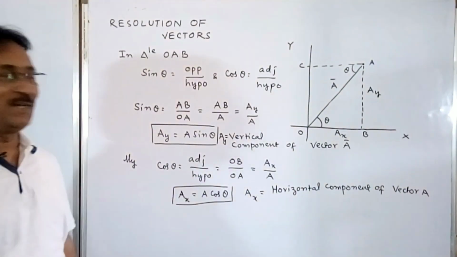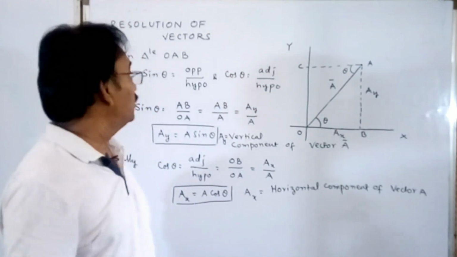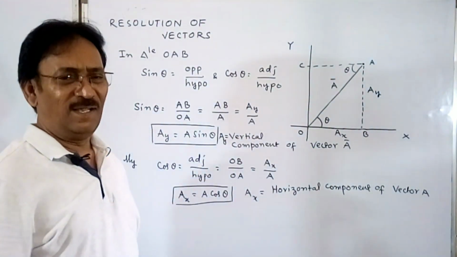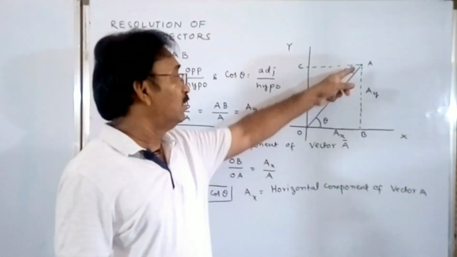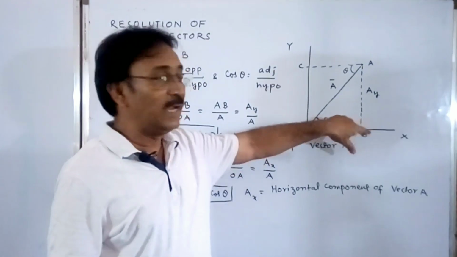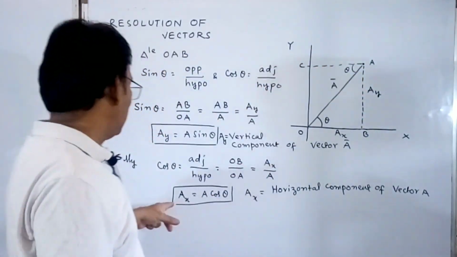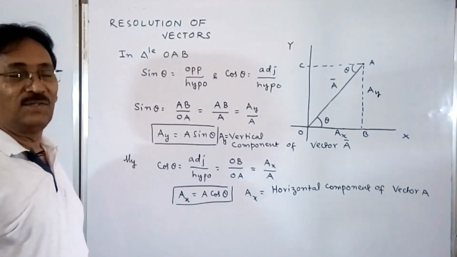Dividing a vector into two rectangular components is known as resolution of vectors. I hope you understood. It's a very easy process. We divided this vector A bar along the horizontal and the vertical. That is, Ax is equal to A cos theta and Ay is equal to A sin theta.